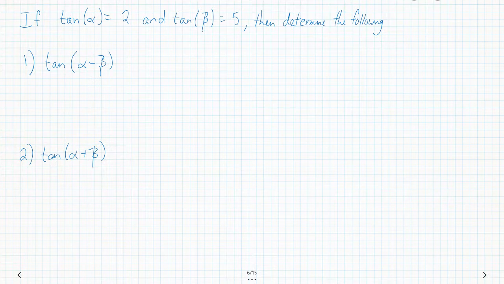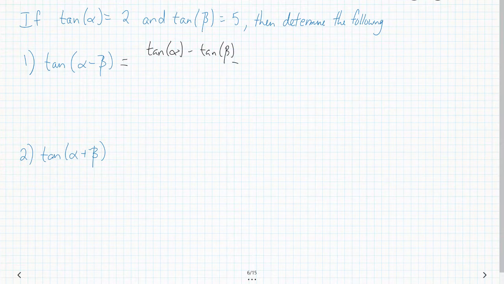Okay, so our next bit, just to make sure that we have the tangent stuff hit home, we have tangent alpha equals 2 and tangent of beta equals 5. Then determine the following: tangent of alpha minus beta and tangent of alpha plus beta. The beauty on this, we don't even have to draw a triangle, because for tangent of alpha minus beta, if you just use the formula, the tangent of x minus y, and replace that with alpha and beta, you get tangent of alpha minus tangent of beta all over 1 plus tangent of alpha, tangent of beta.